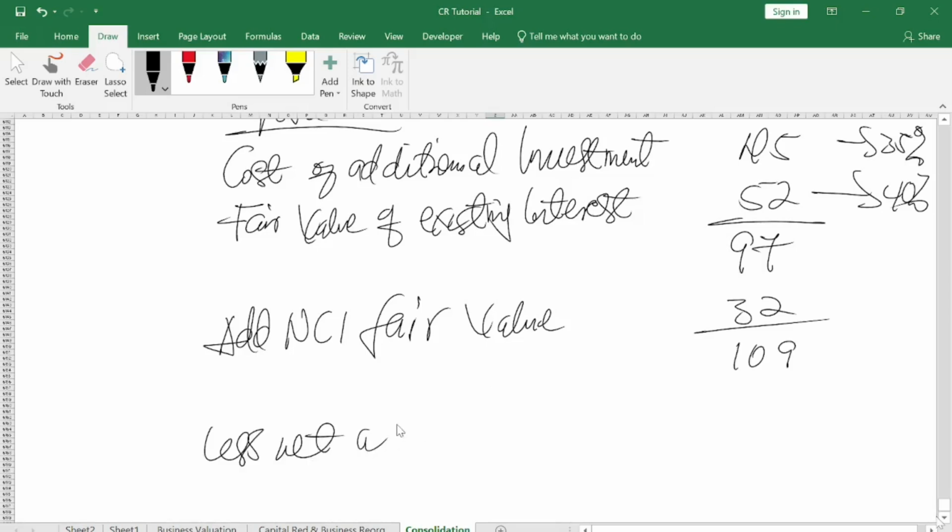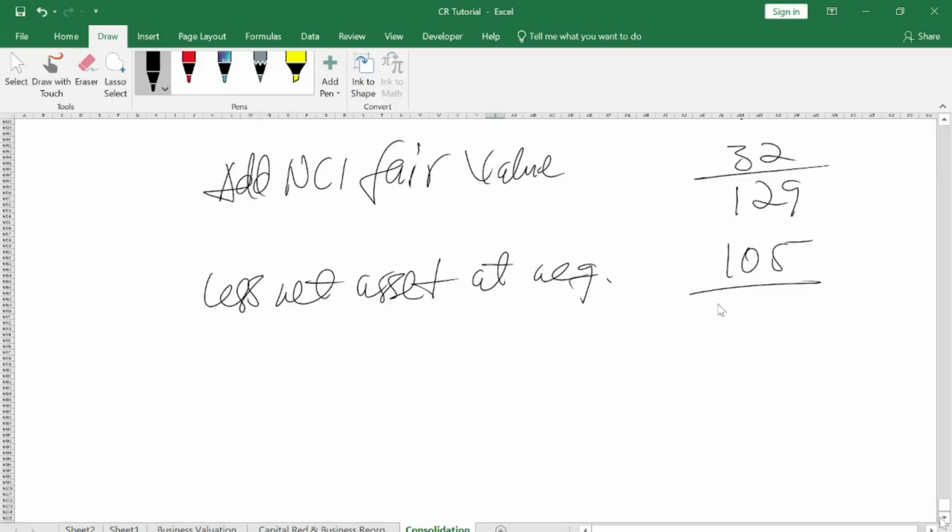Then you less net asset at acquisition, which is 105. When you less, what do you have? 24. So this is your goodwill. Simple. So under no control to control, this is all that you will do.